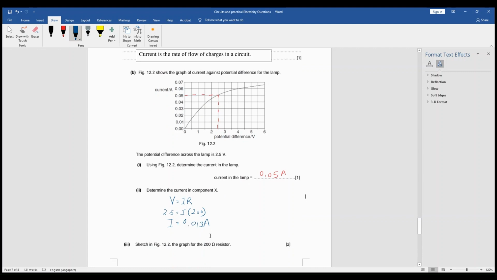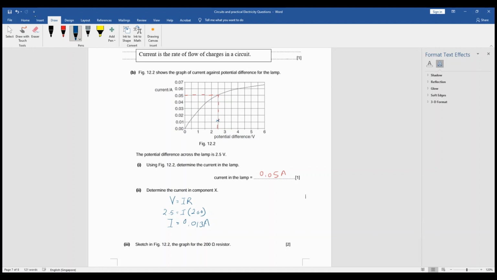Or actually, I can just use this value: 2.5 and 0.013. It's around here. I would prefer a greater number though, but I don't think it's going to make much difference. So if I were to draw a graph for the 200 ohm resistor, 0.013 is about here.